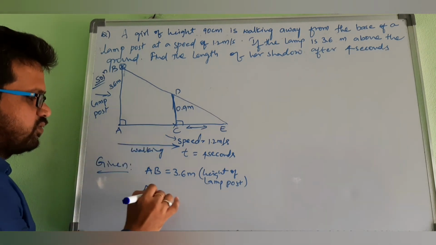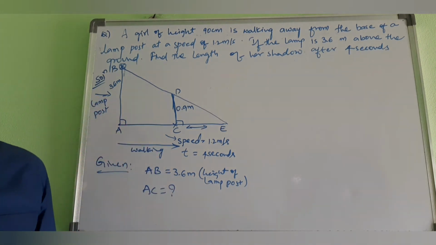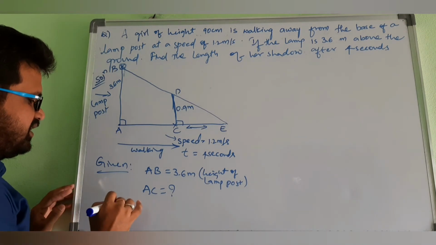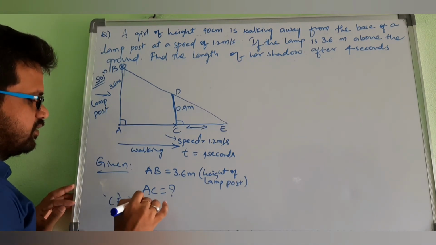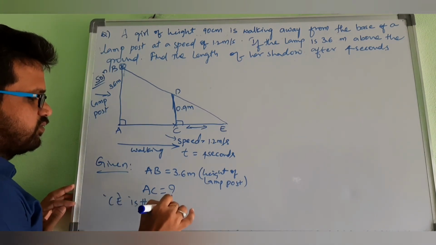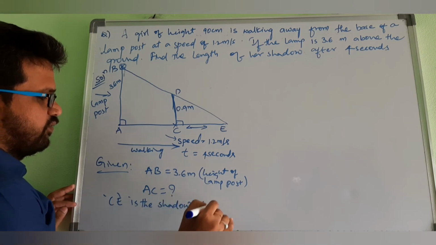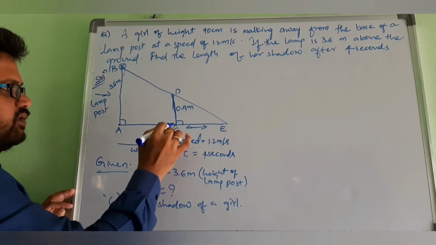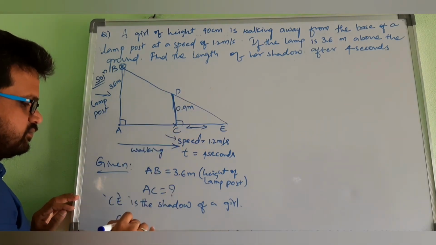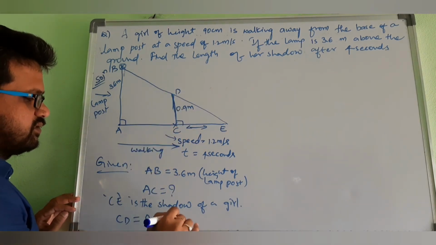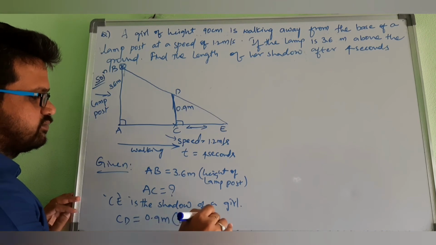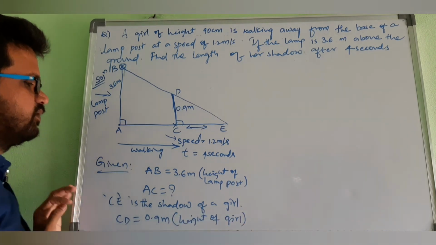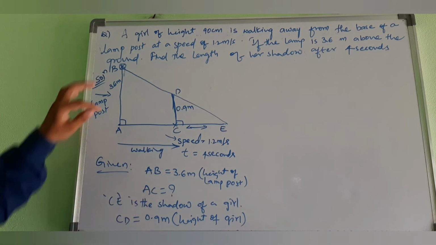CE is the shadow of the girl, the length of the shadow, and CD is 0.9 meters, the height of the girl. And how to find AC?